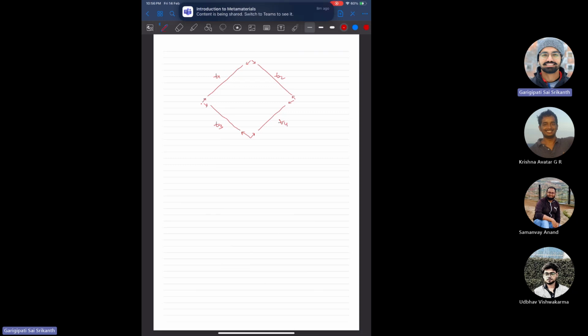Further, we know that the adjacent unit, so there's a mass here, right? And there's a mass here.